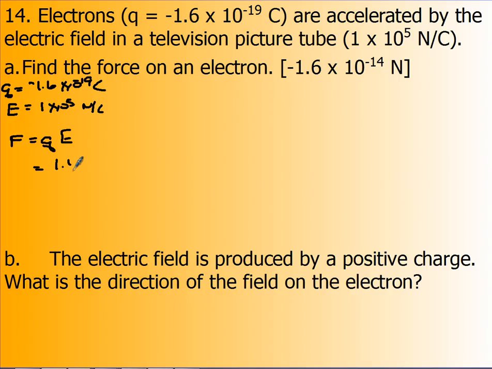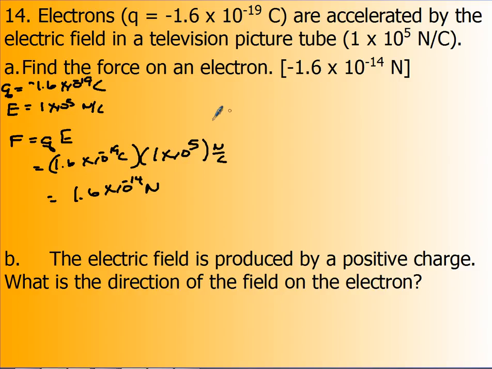So this is 1.6 times 10 to the negative 19 coulombs times 1 times 10 to the 5th newtons per coulomb. So this is 1.6 times 10 to the negative 14 newtons.